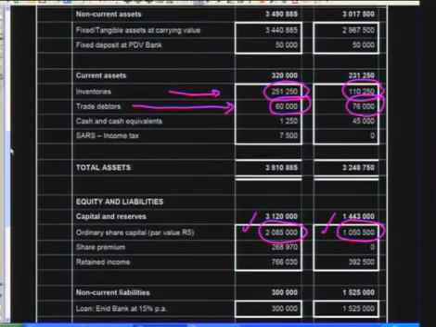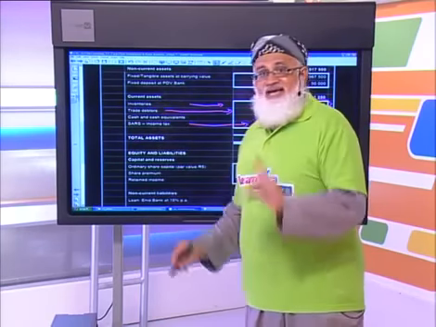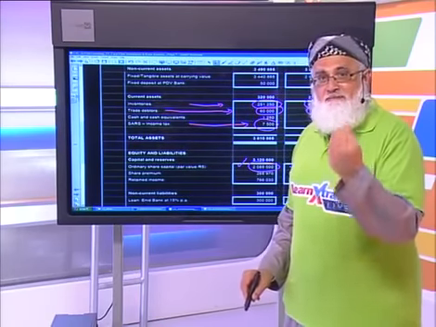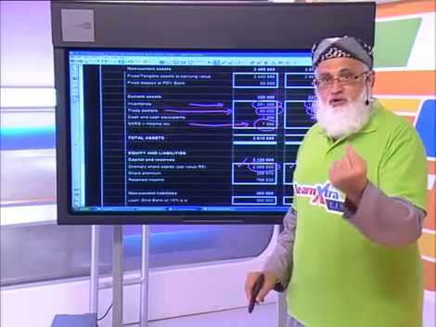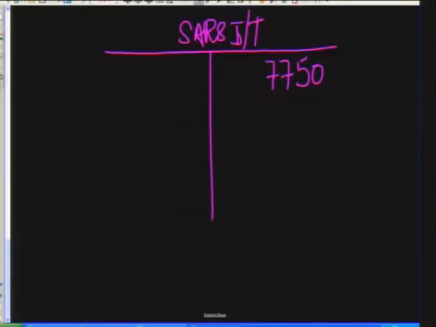Once again, look at my closing balance, and what do I find? Notice that my closing balance for SARS income tax is appearing here, 7,500. But where is it appearing? It's appearing under my current assets, indicating to me that it is a debit balance of 7,500. So let's insert, watch.